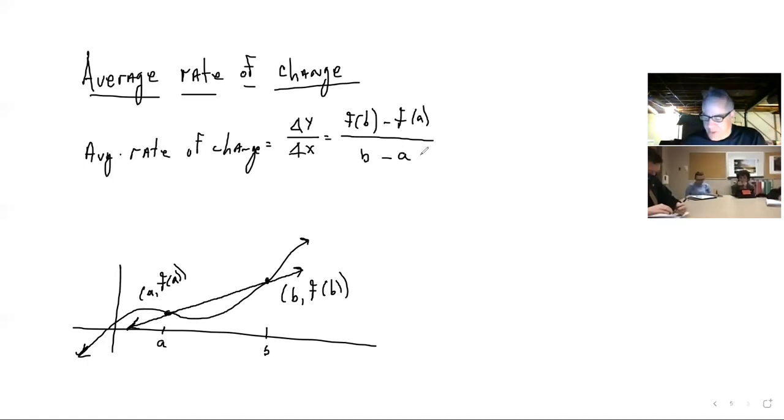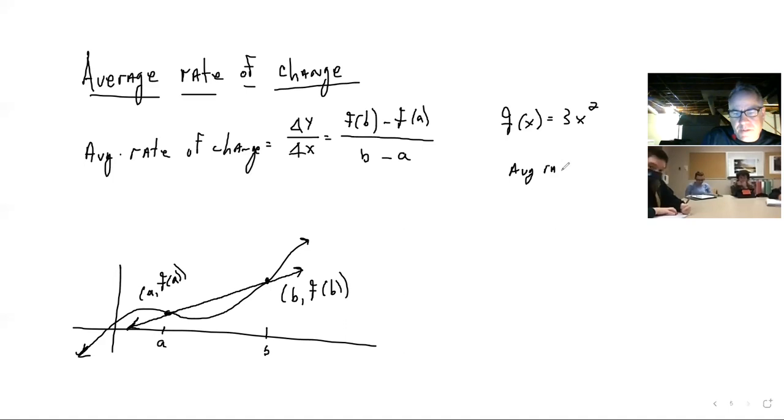So if I take a function f of x equal to 3x squared and find the average rate of change from, let's say, 1 to 3, these are understood to be the x values.